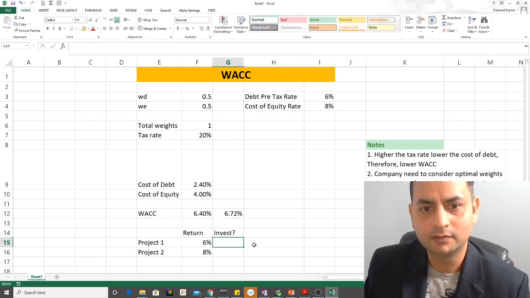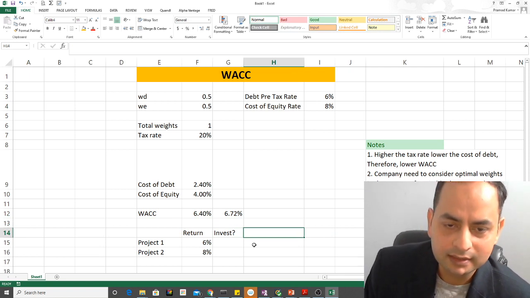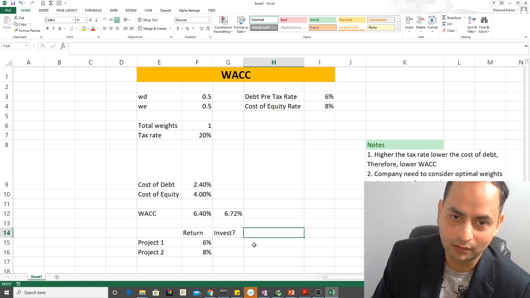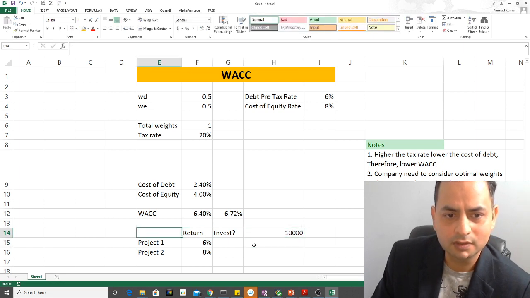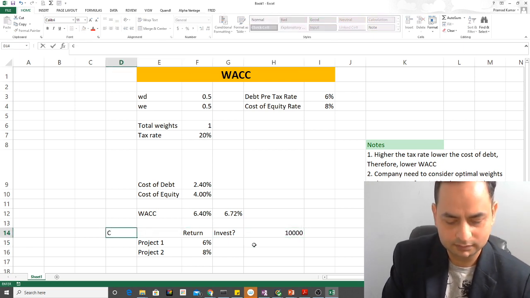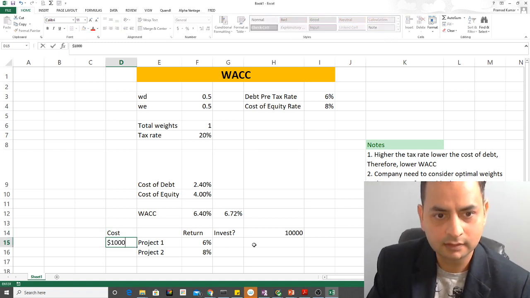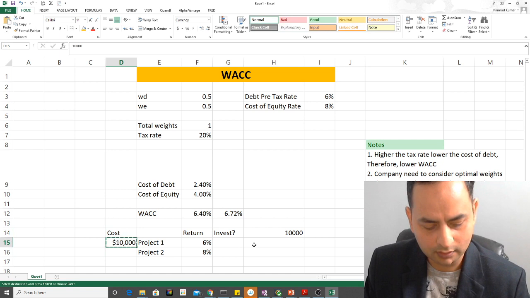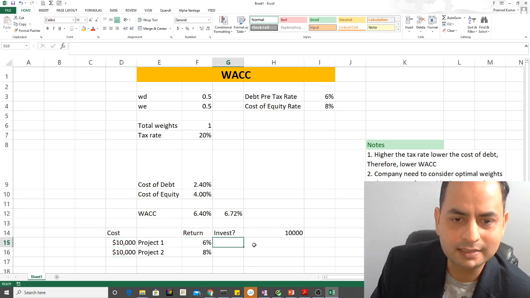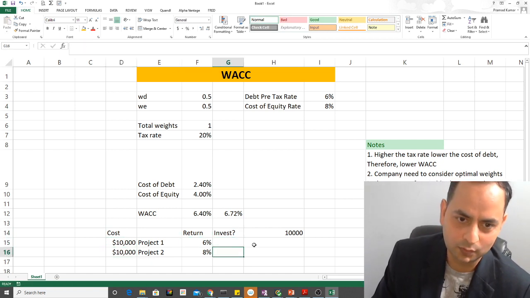The company has only $10,000 to invest, and the cost for both projects is $10,000. Do you think the company should invest in this one or this one?